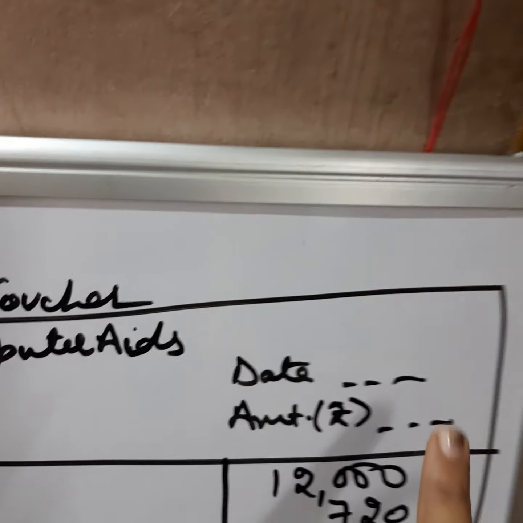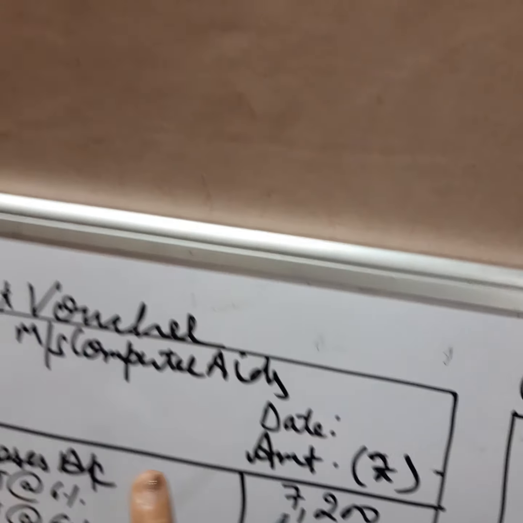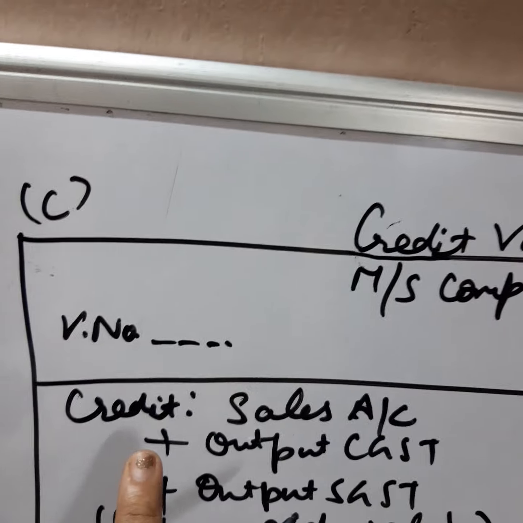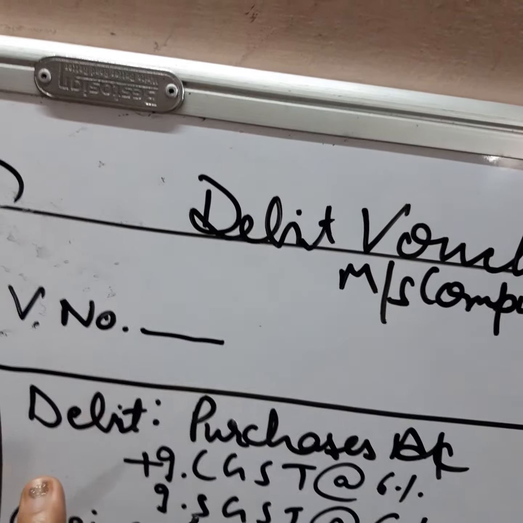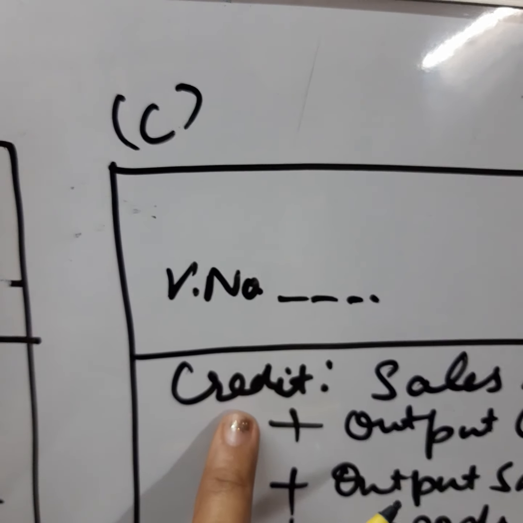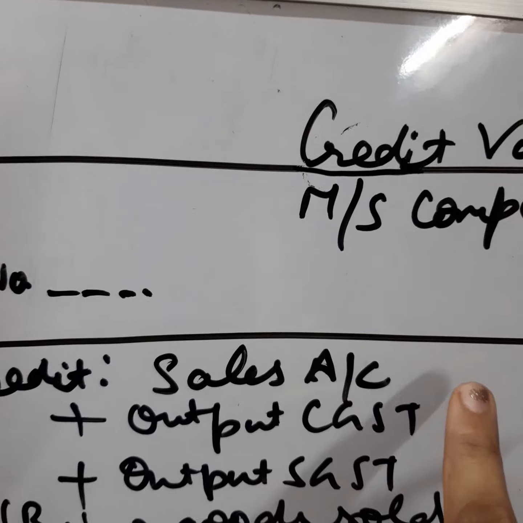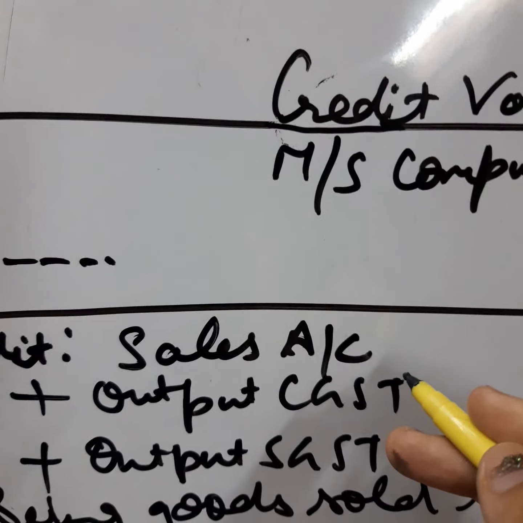Voucher number, date, amount, name of the company, same as in the case of the debit voucher. Then credit. The only thing changed is that in debit voucher we give the heading debit for the debit account, and in the credit voucher we give the heading credit for the credit account. The account which is going to be credited is sales account.